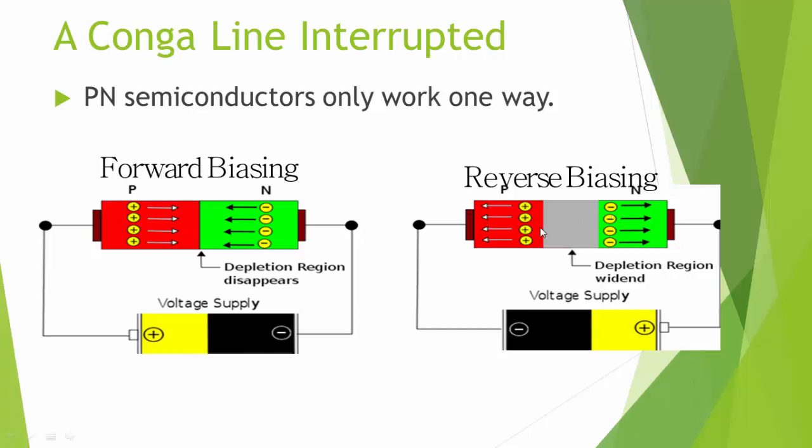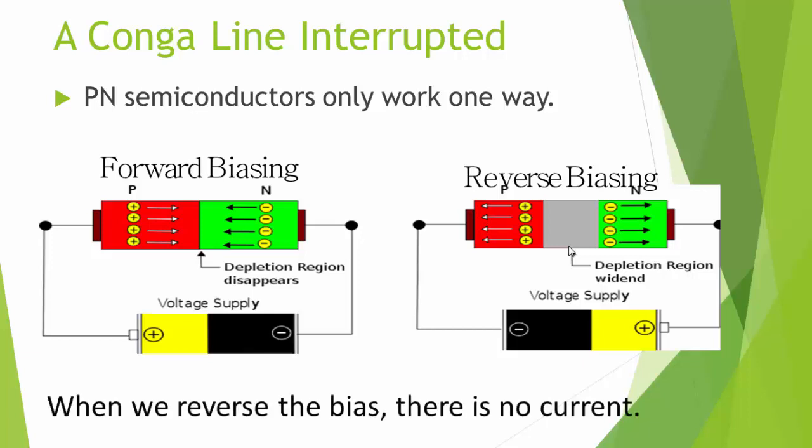Similarly, the negative semiconductor can't produce holes. And so we get this depletion region, and there's nothing that we can do to allow current to flow once that depletion region has been created. And this is the whole basis of that one-way current flow. We reverse the bias on a diode, there's no current.